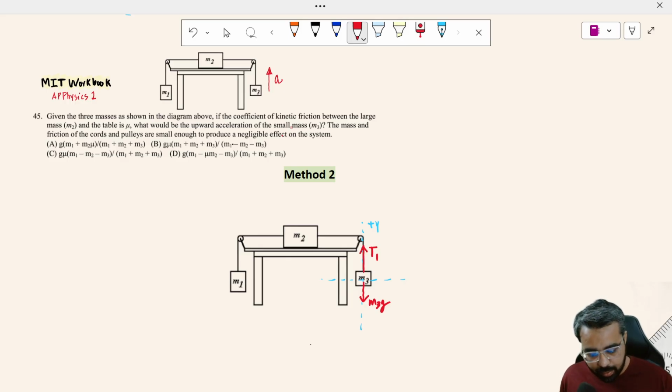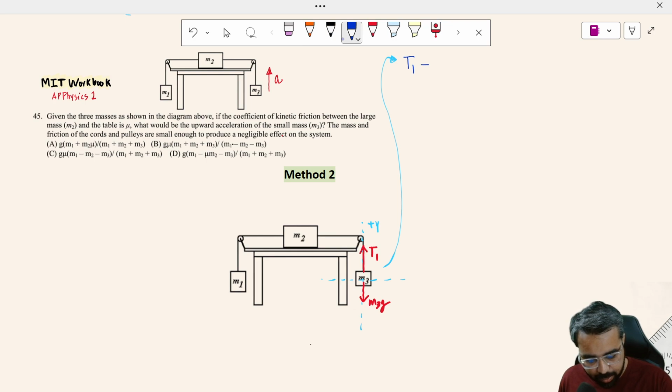So what is the resultant force? The resultant force must be T1 minus M3g is equal to M3a, because we are writing Newton's second law equation for mass M3.